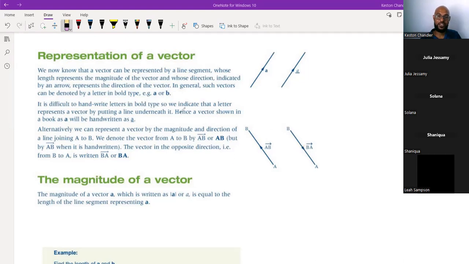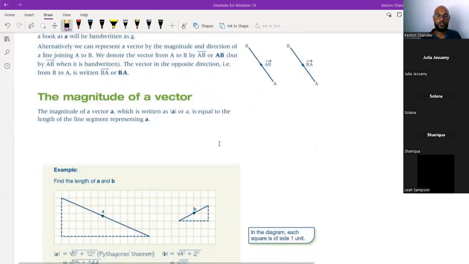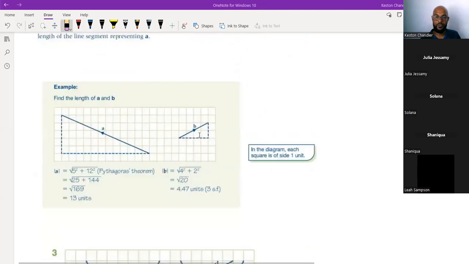Magnitude of a vector, the size of the vector. When we're talking about the magnitude of a vector, we usually write these straight line brackets outside of the vector. So this is saying the magnitude of A, right? And this is equivalent to the length of the line segment. Usually to do that, we would need some box paper or graph paper.